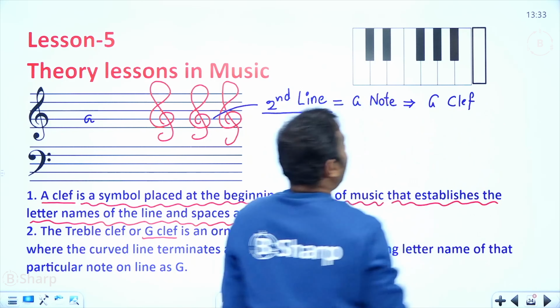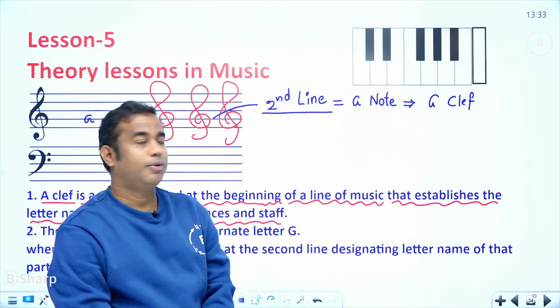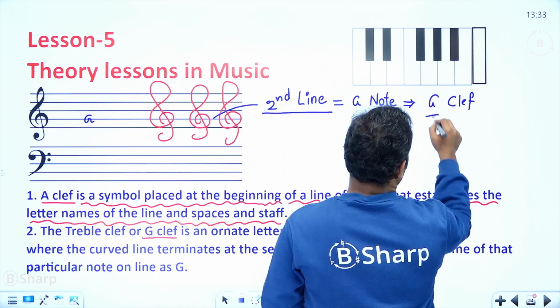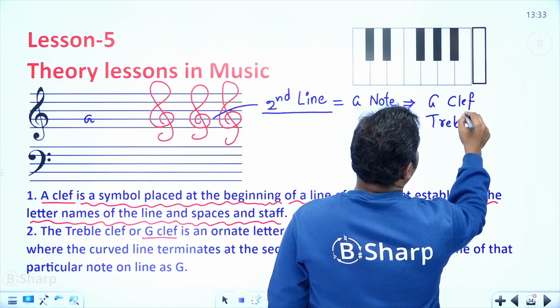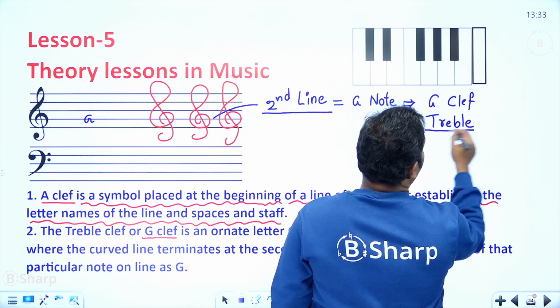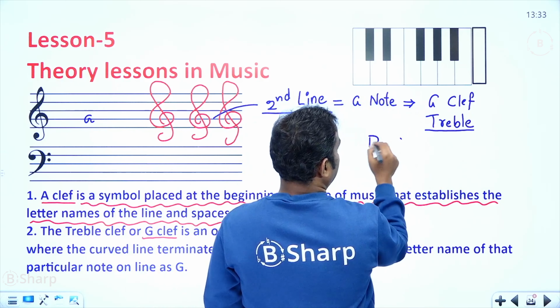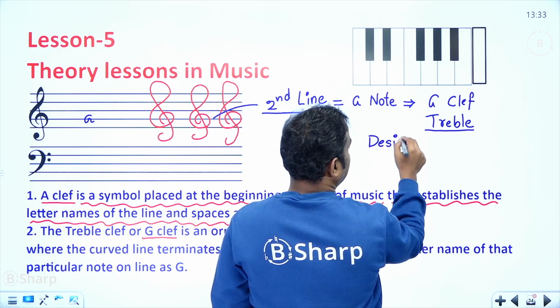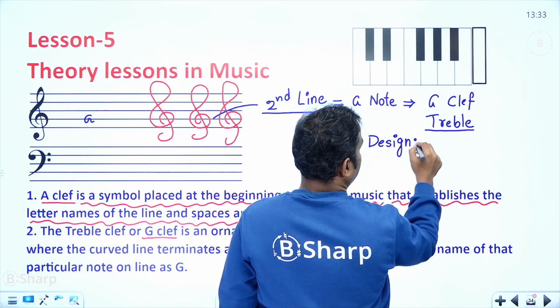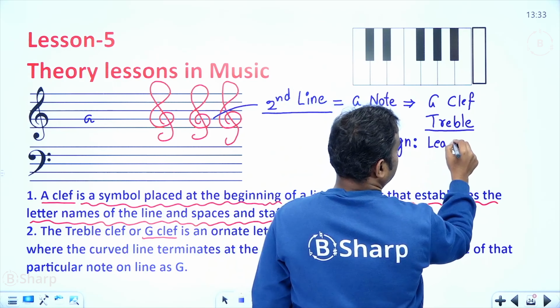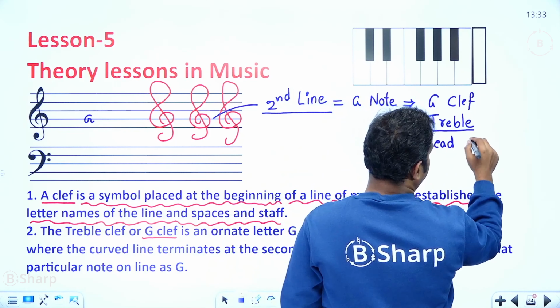The other name of this is treble. In the treble clef, generally we write the lead music, whatever the lead is, for example voice.